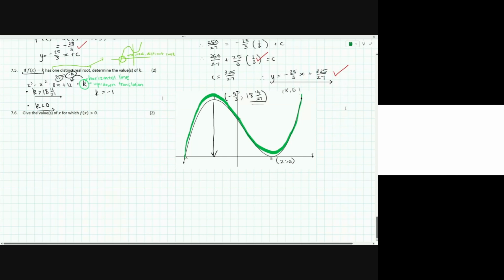And 9 times out of 10 with these sorts of questions, the turning points or stationary points are quite important. They will probably be 80-90% of the time the values of k that you're going to work with. But just think logically about how you need to move it. The trick is in understanding the sign of k, and I do understand that that's tricky.